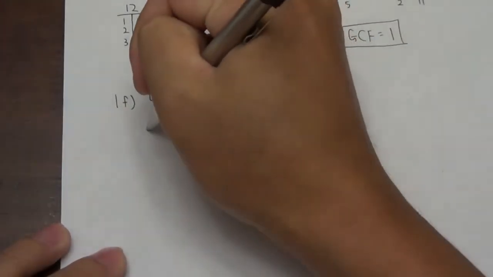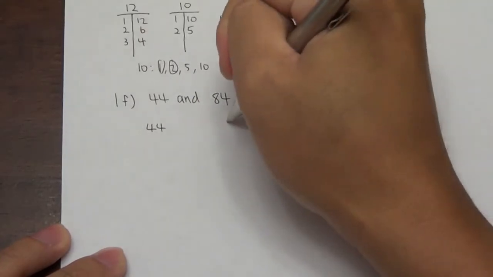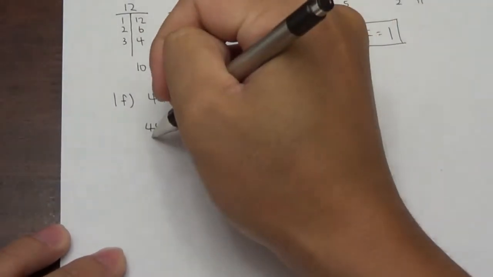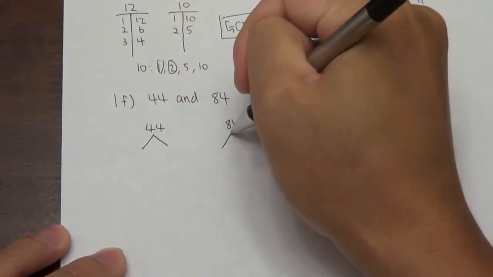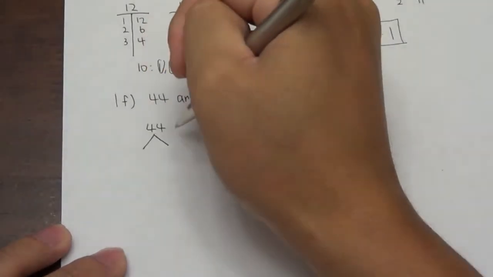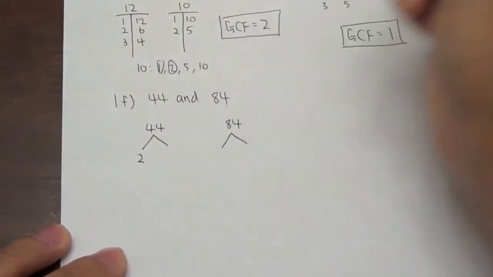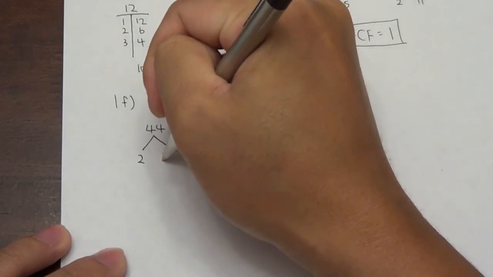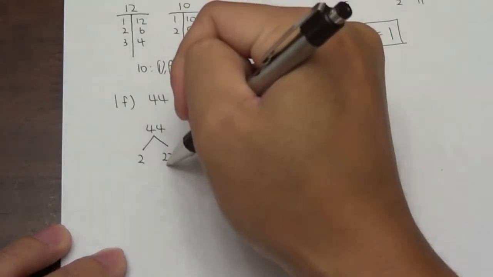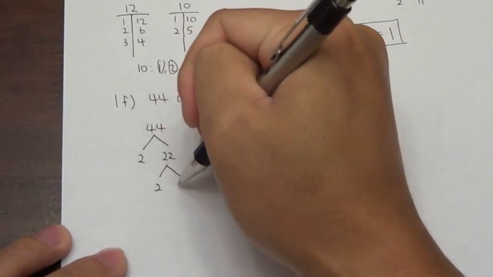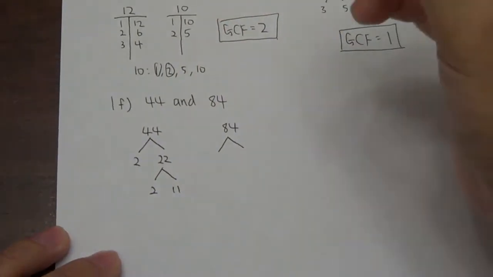All right, last one. This one, you'll be able to see the usefulness of the factor tree a little better. So I just go ahead and factor these out. If it's an even number, it's always divisible by 2, so I always start with that. Into 11, and I'm done there.